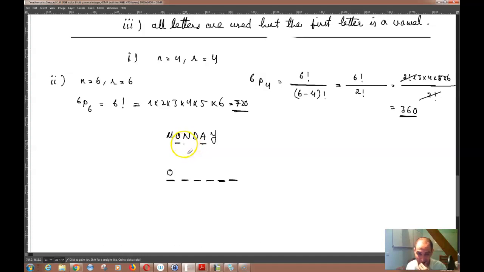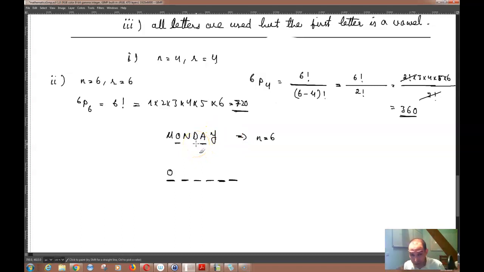That means that basically if you fix O over here, then in total you have 6 letters, n is equal to 6, meaning that you have 6 letters in total.